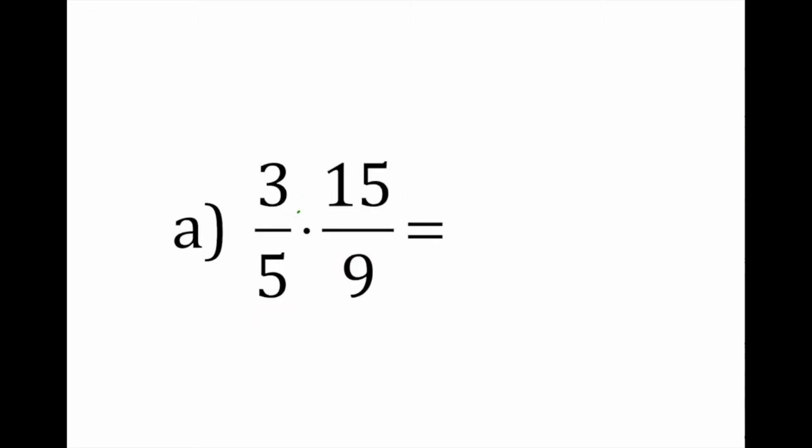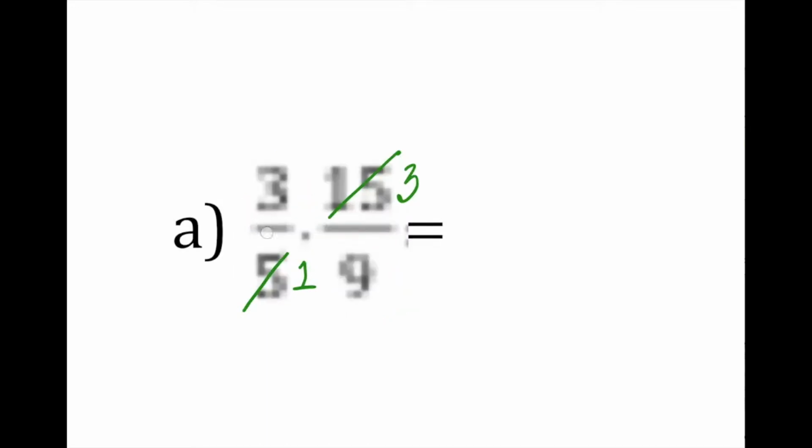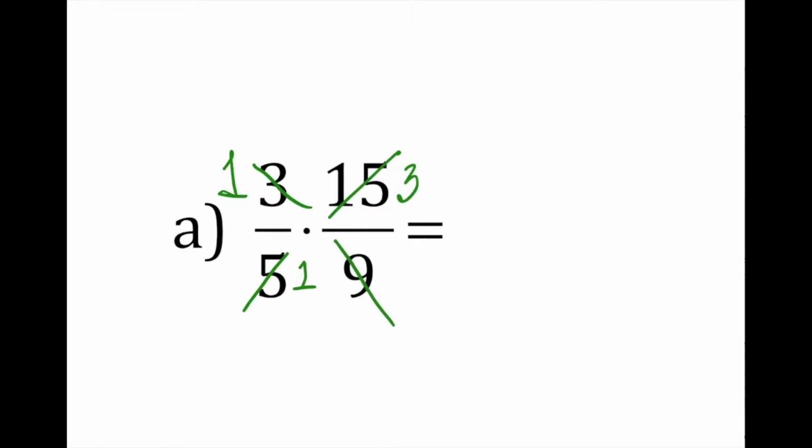If I divide 5 by 5, that will leave me a 1. And 15 divided by 5 will give me a 3. Now 3 and 9, crisscross again, can be divided by 3. That will leave me with a 1, and 9 divided by 3 will give me a 3.